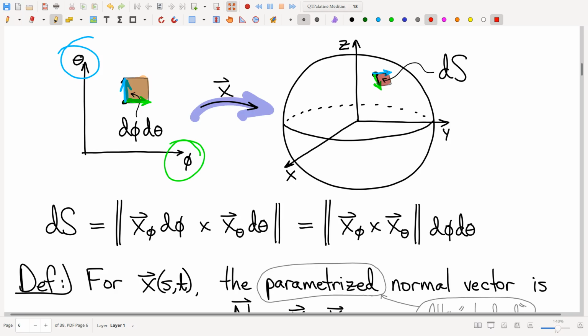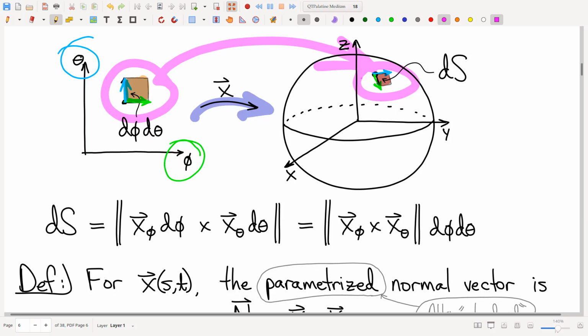What's the factor? By what factor do I multiply that area to get that area? And we've done this kind of thing in several different previous contexts. You could probably guess what's about to happen. We're eventually going to be doing a pullback. We're going to be interested in stuff happening on the surface, but we want to understand it in terms of what's happening in the parameter space where it's flat and it's easy to do business.